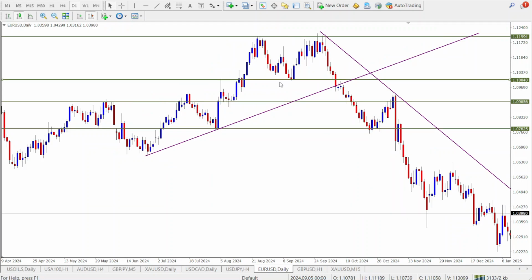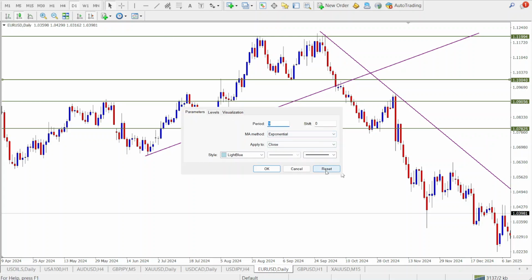Then as for moving averages, it is a simple indicator that helps to smooth out price action and confirm the trend, okay?